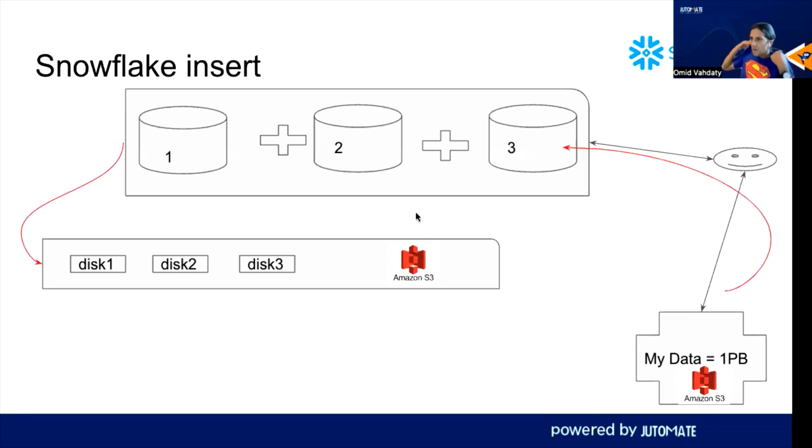To be clear, Snowflake prefers an insert. That means you have 2 methods to work with Snowflake. Either you take your data from your external S3 bucket and load it to a Snowflake cluster, and they save it on their own S3 bucket, but it's not accessible to you.